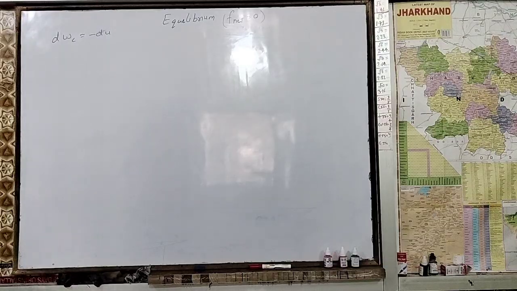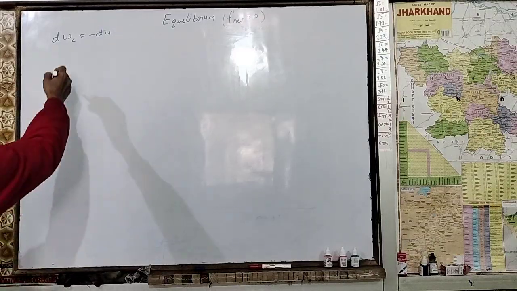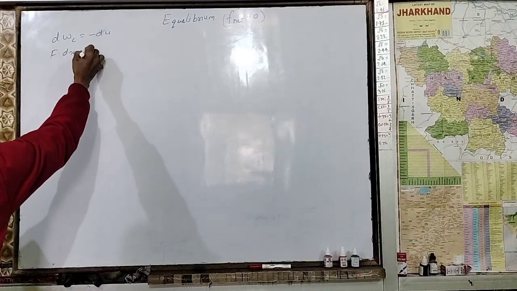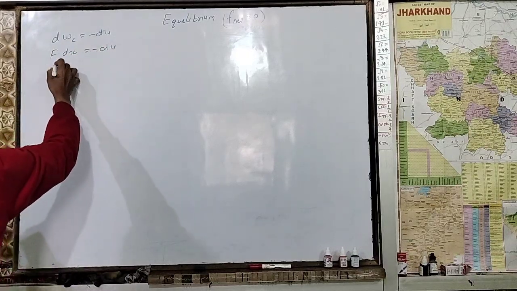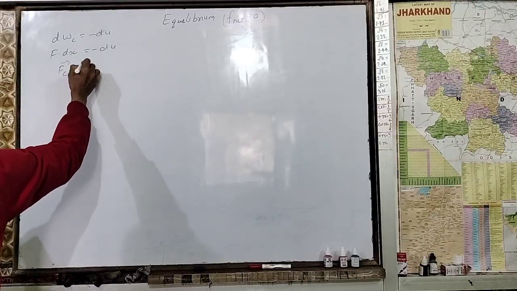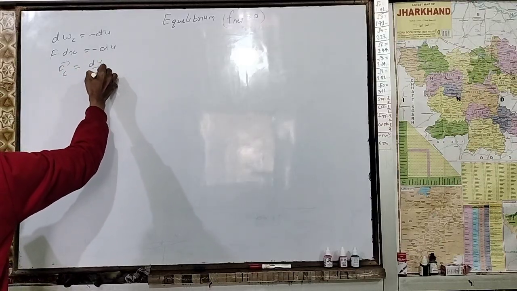Now dW_c can be written as F into dx, for a small displacement dx, and minus dU. So force by conservative force will be equal to minus dU upon dx.